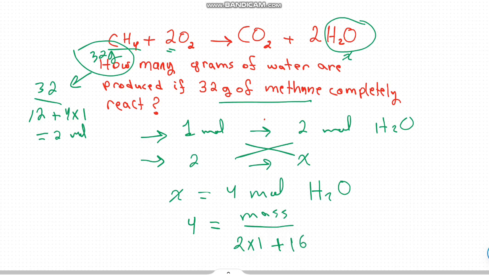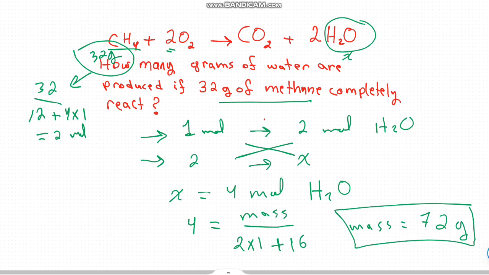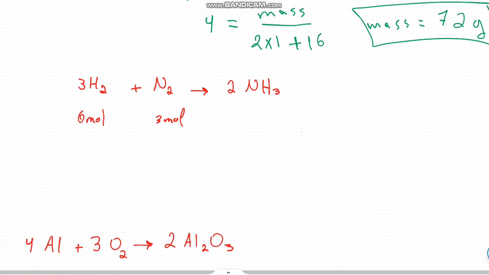So everything together, shift solve, mass will be 72 grams of water produced. So basically in ratios we cannot use grams, only moles. Move to the next question.